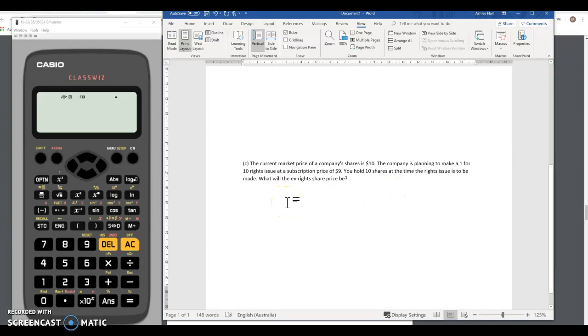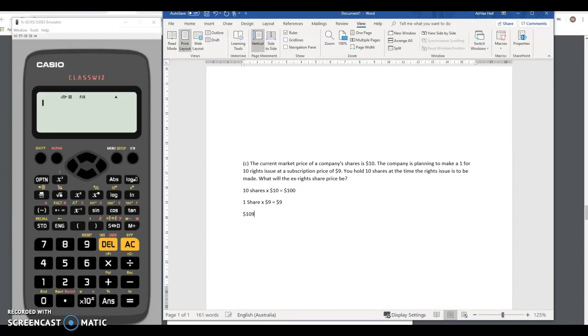Once again, we have to do 10 shares multiplied by $10, which gives us the market value of our shares. We then have to calculate the rights issue shares. That'll be 1 share for every 10, so 1 share times $9, which is equal to $9. Then to calculate the ex-rights share price, we take the total market value divided by the total number of shares.